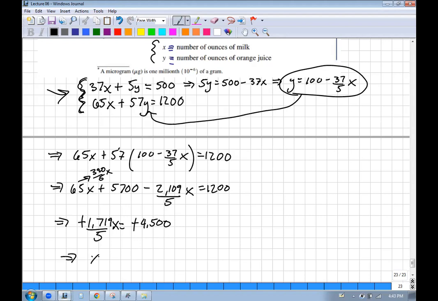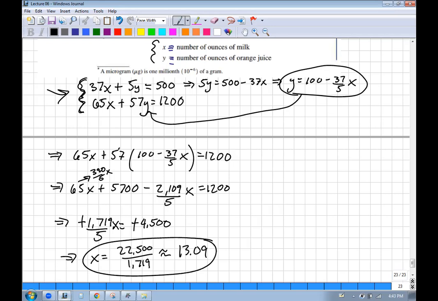So that tells me that x is 4500 times 5, which is 22500 divided by 1719. All right, at this point, now I'll approximate. This is approximately 13.09. Now I know what x is.